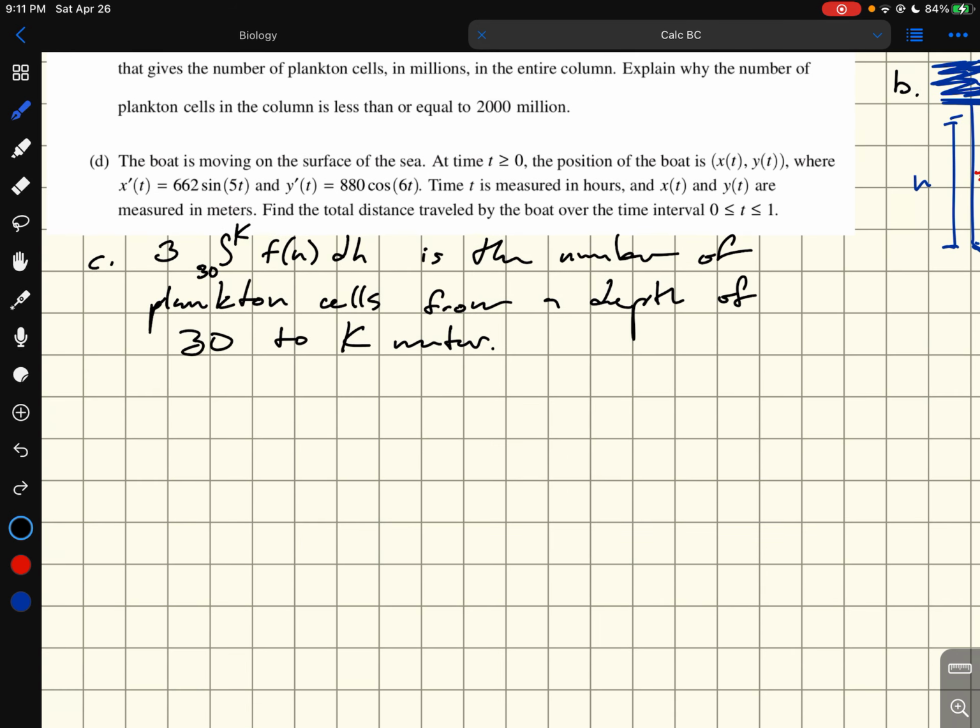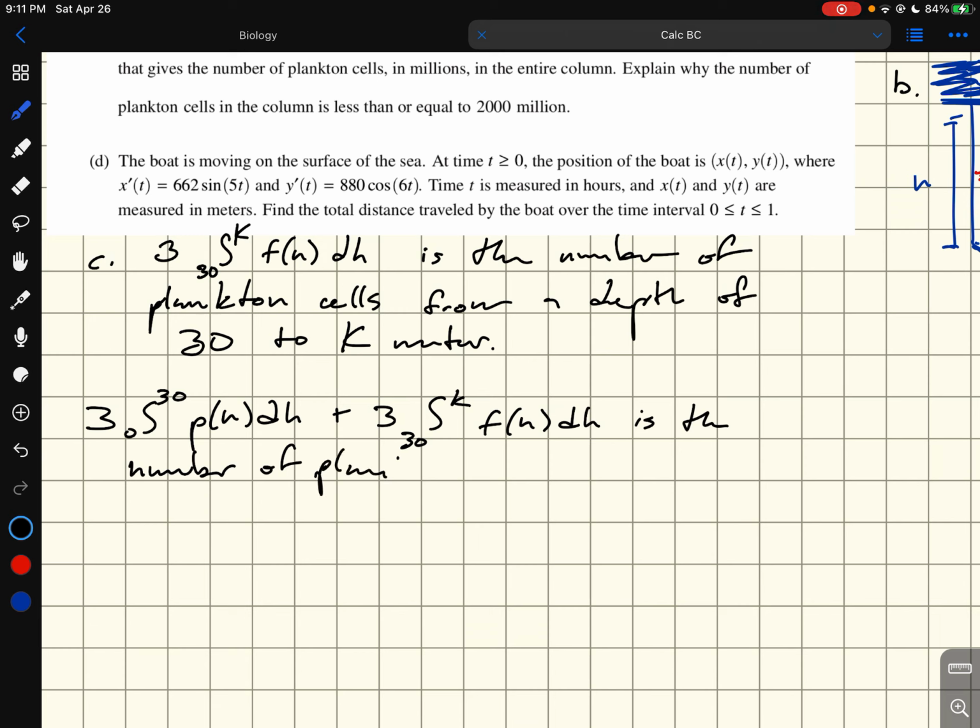So the integral from 0 to 30 of p of h dh times 3, remember, because that's the size of our column, plus the integral from 30 to k of f of h is the number of plankton cells, in millions, for the entire column.